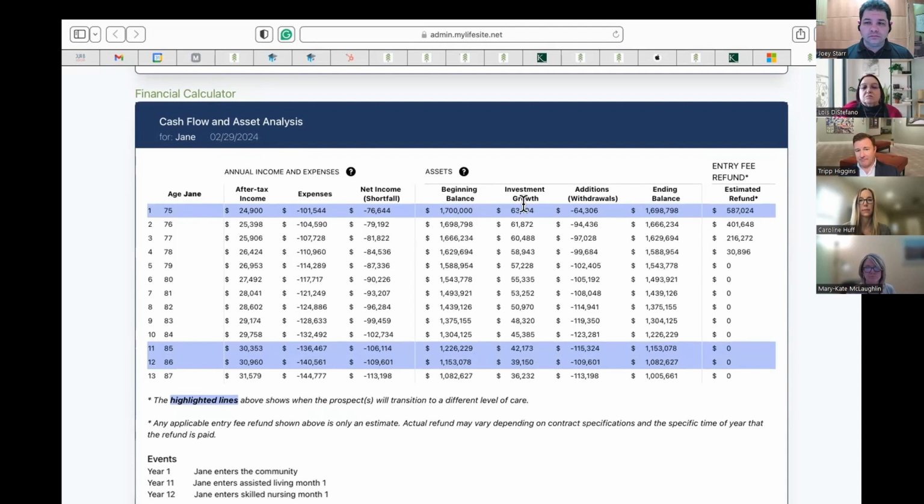Now, we show that balance earning money each year, a little bit less than what the net income shortfall is, but that has worked to your advantage because we've had consistent costs throughout, and we have maintained the vast majority of your assets. So this is the tool that we highly recommend. After taking Money Gauge, the team at Kendal and Hudson can be very detailed in their assessment of any type of apartment that they have, which is fantastic.